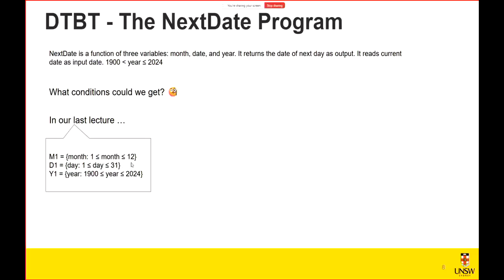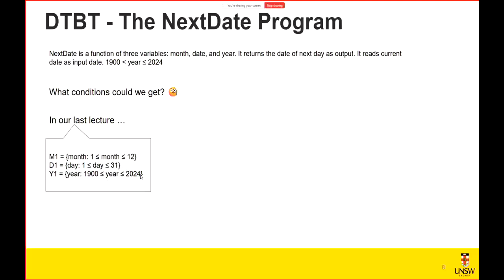Some months could have 31 days, some months could have 30 days, and February could have either 28 days or 29 days. The number of days of February also depends on the year. If a year is a leap year, then February could have 29 days, and if a year is not a leap year, it can only have 28 days.